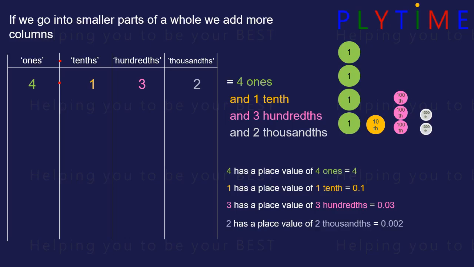And 2 has a place value of 2 thousandths or 0.002. If we were to add them all together, we have 4 plus 0.1 plus 0.03 plus 0.002, 4.132.